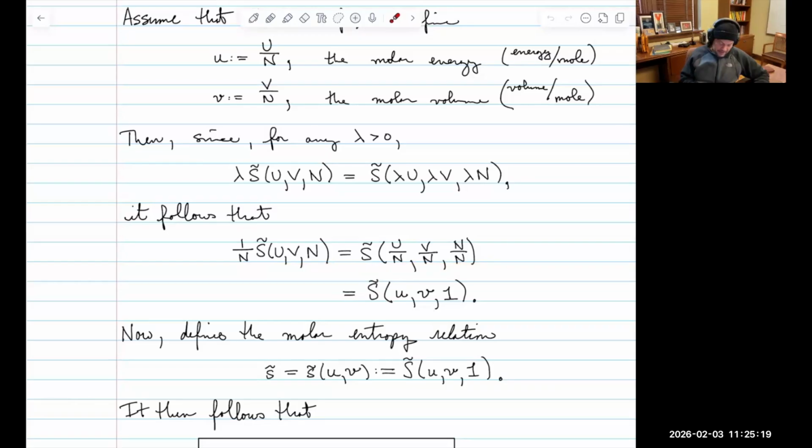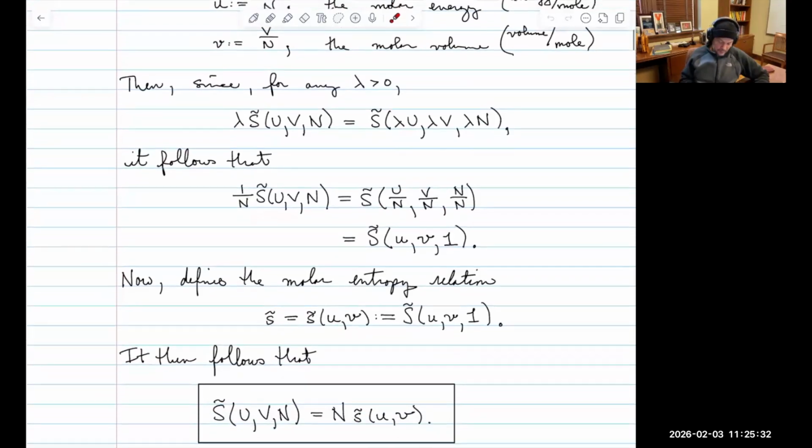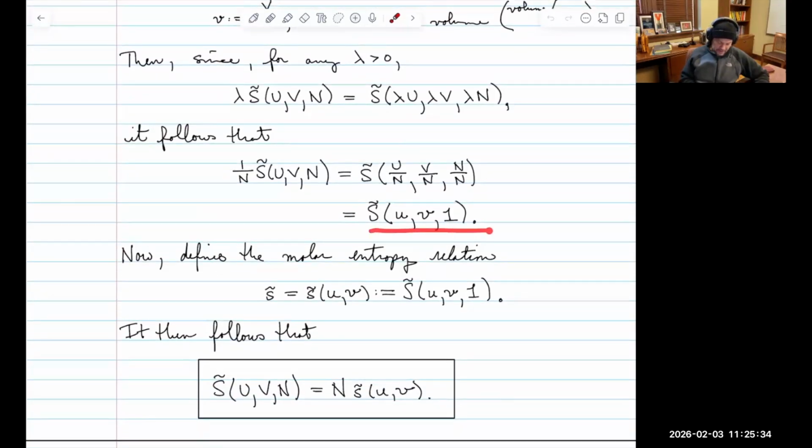And of course, now I see that this variable is just equal to my molar energy. This variable is equal to my molar volume. And this variable vanishes. It just becomes 1.